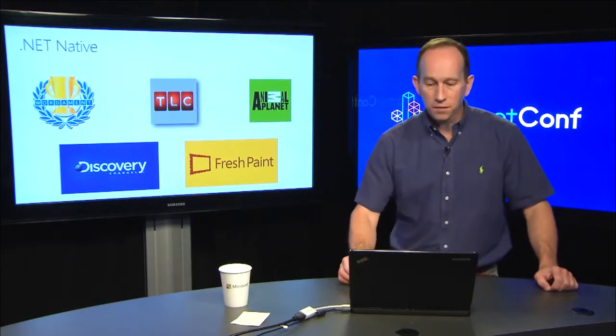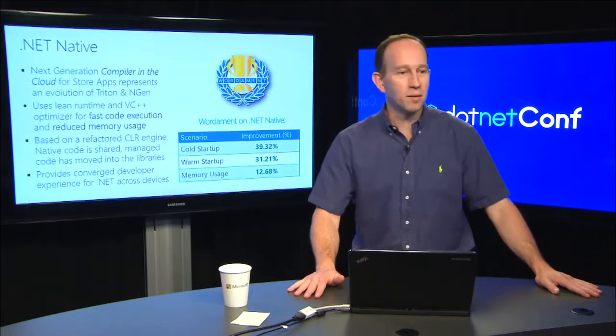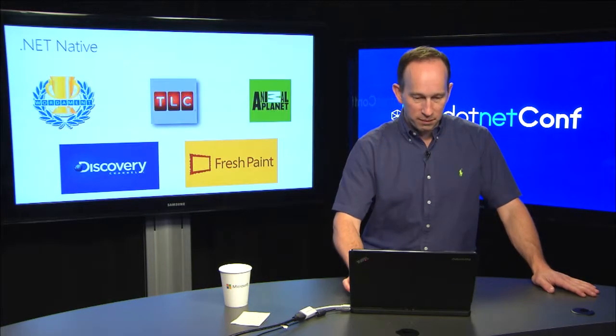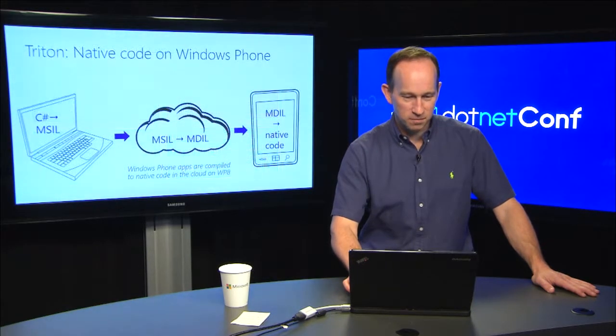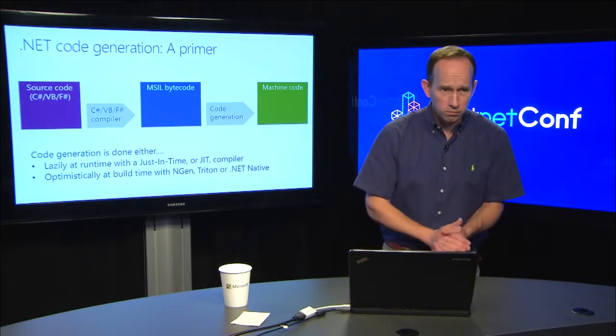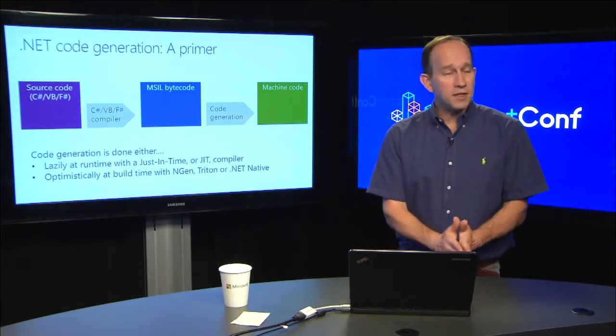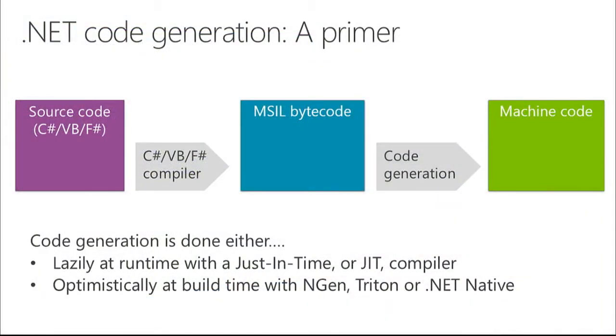There's a question from Vishal about what exactly is MSIL to MDIL over the cloud. So if we go back, I'm actually going to flip back in my slides. I know you're not supposed to do that, but if you go back to code generation, a C# compiler, Roslyn, or whatever your language compiler happens to be, takes your app from source code into MSIL.